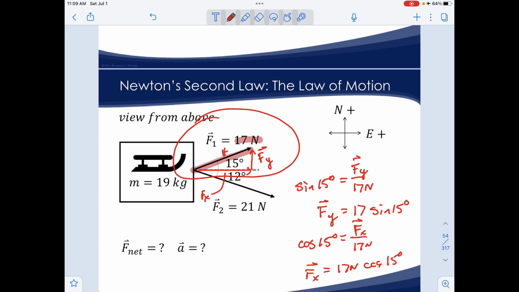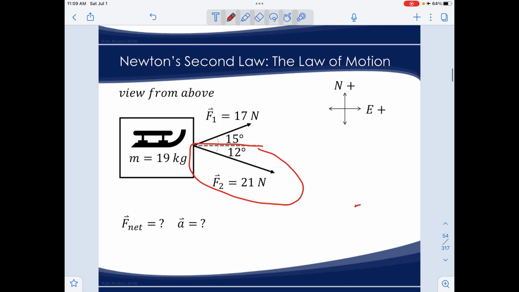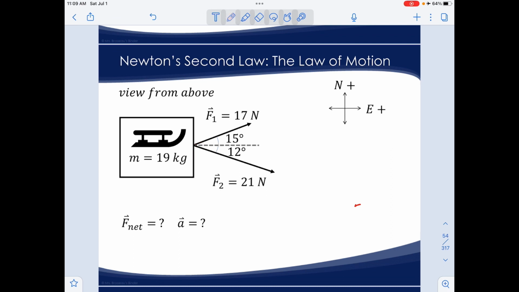And you would do the exact same thing for our other value. To solve for this triangle, we would do the exact same thing using sine and cosine to break it into x and y components. In this one, this would be our F sub x, and this would be our F sub y, okay?